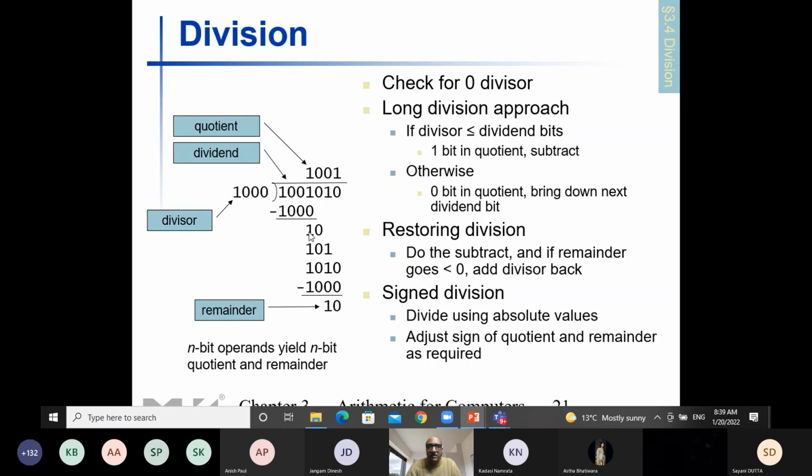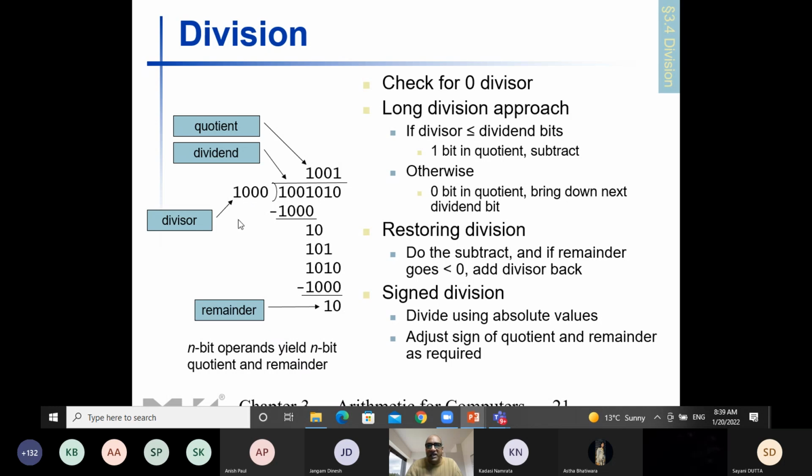But as a machine, we need to perform a subtraction each time, and based on the sign of the result, we come to know whether the divisor can be subtracted or not.